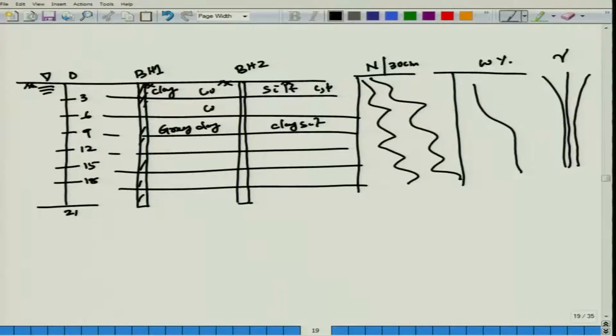This layer from 0 to 6 meter or 0 to 9 meter is a clay soil, the undrained cohesion is varying layer wise, this value is this for borehole 1. Now, for borehole 2, suppose for example you have taken 2 boreholes, from 0 to 9 meter it is silt, and from 9 meter to the rest it is clay silt.